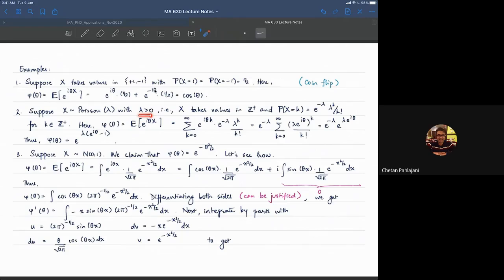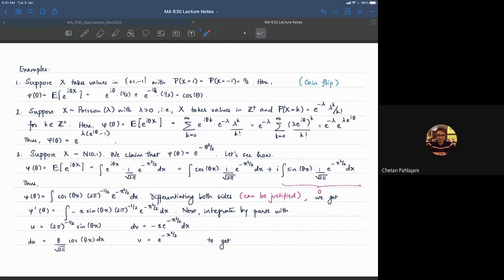Now you remember what a Poisson random variable is, right? X takes values in Z plus, and the probability that X equals k is e to the minus lambda, lambda to the k over k factorial, for any k in Z plus. Now the characteristic function definition is the same. The characteristic function phi of theta is the expectation of e to the i theta X. Now you remember how to take expectation.